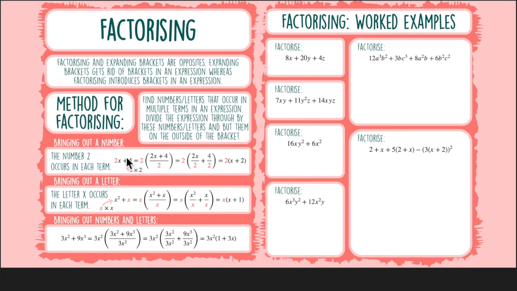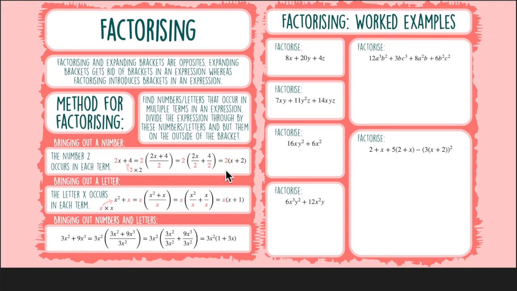That is, I can divide this whole thing by 2 and put 2 on the outside of the bracket. And that's what I've done here. Putting 2 on the outside of the bracket and then dividing through by 2 results in this expression here. This is equal to this expression here. However, this is its factorised version. We have a 2 on the outside and an x plus 2 on the inside.